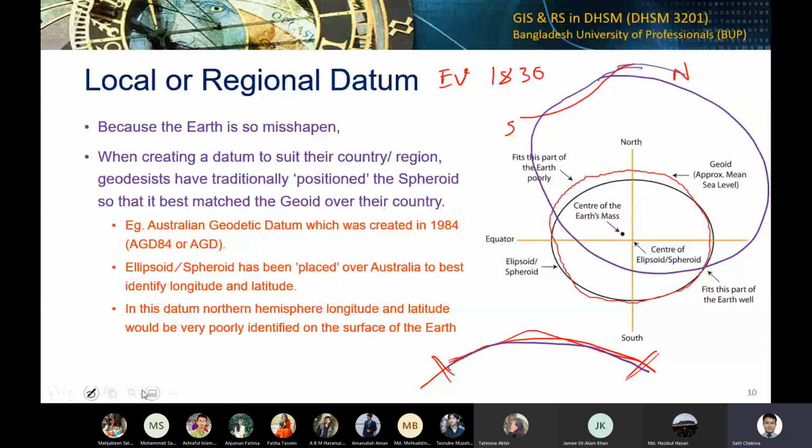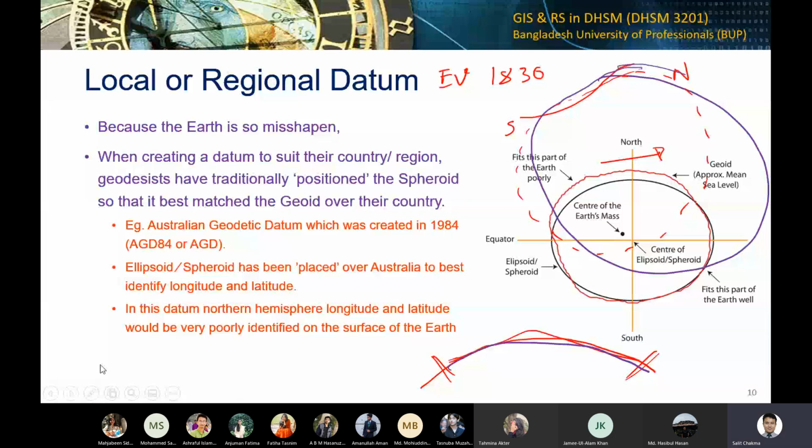So if this is the spheroid of Earth, the center would be moving away on the northern side, okay, to match this surface.